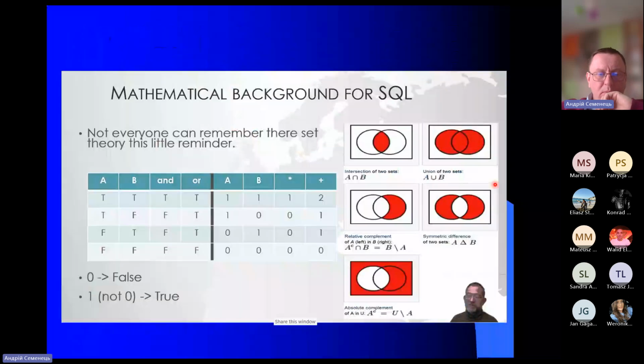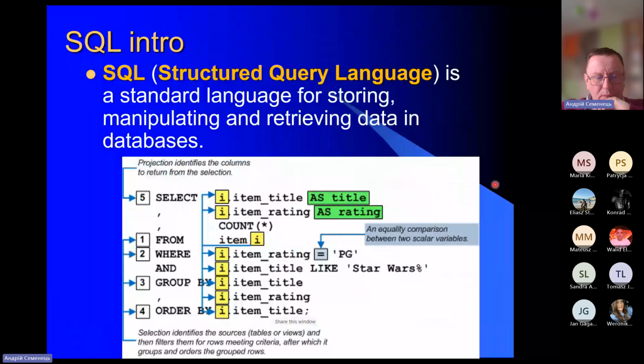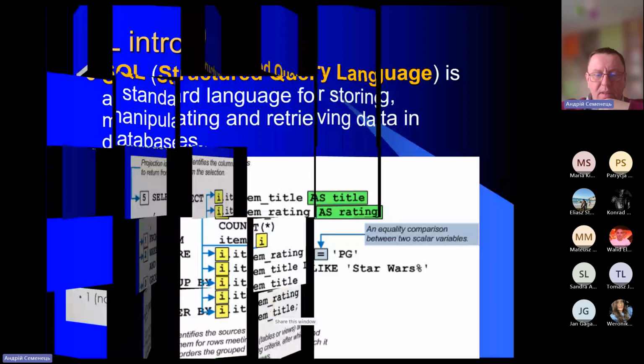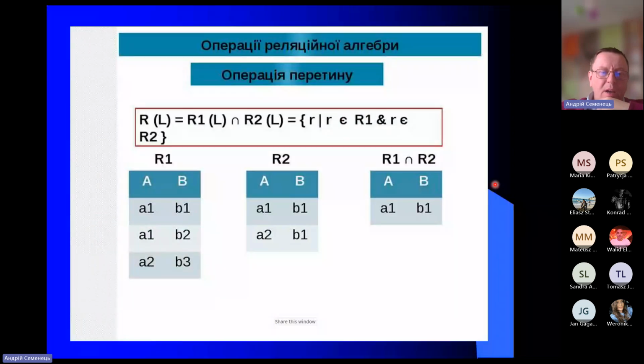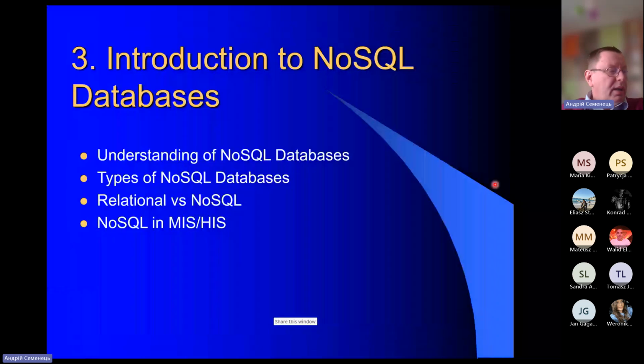Here we have SQL notation, which is quite easy to understand, and here we have relational algebra, which is in fact not easy to understand, but it's the theoretical background for relational databases.